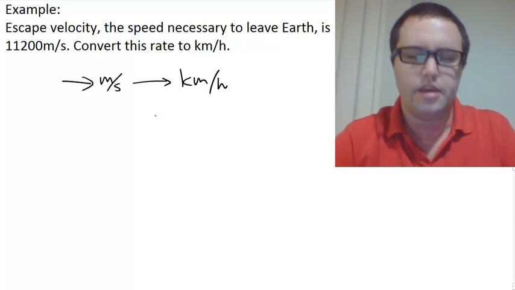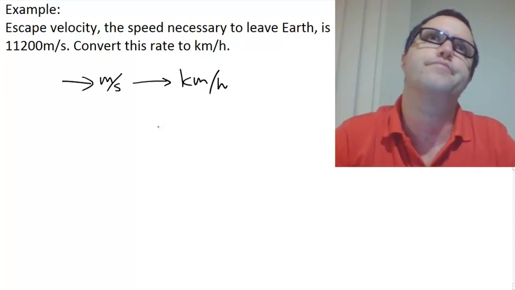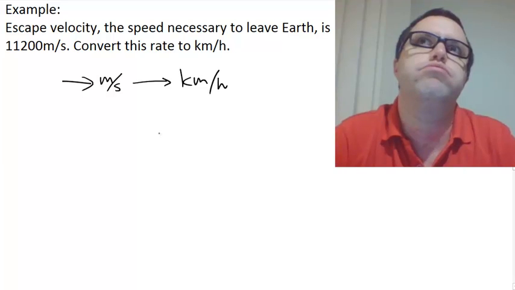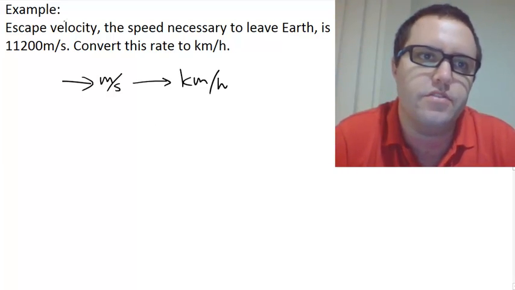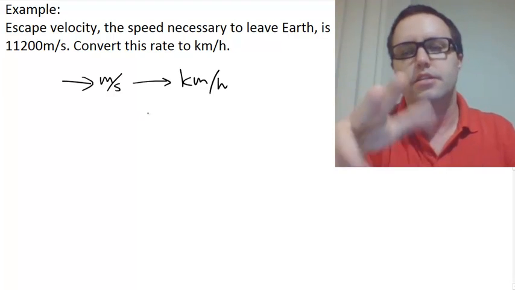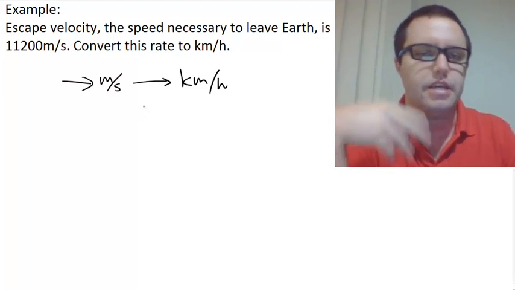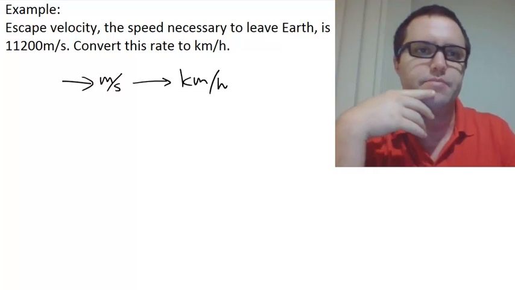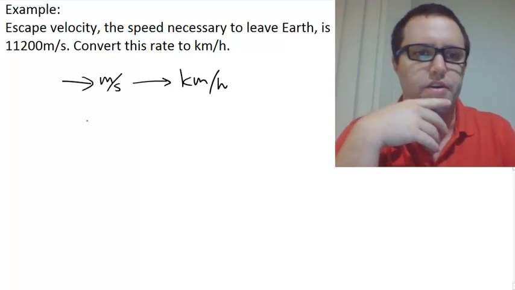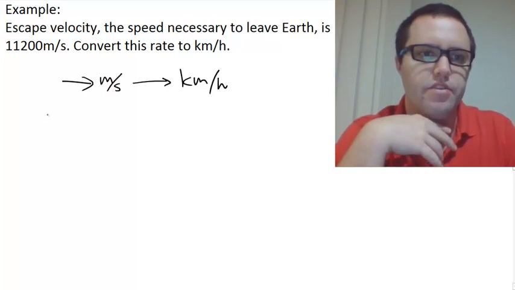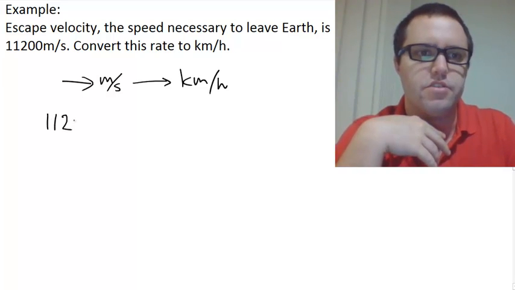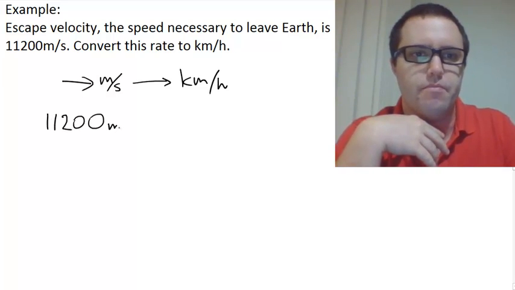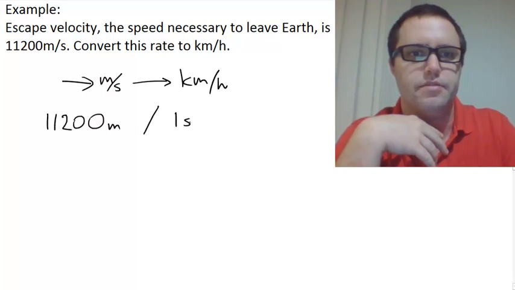Now, this is an interesting way of doing things. You need to use a little bit of back reasoning to get this one figured out, but the way we're going to go with this is that we have 11,200 meters per 1 second.